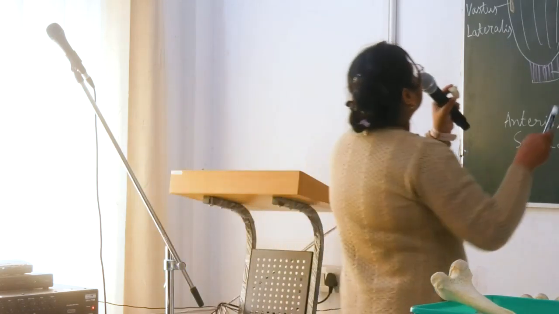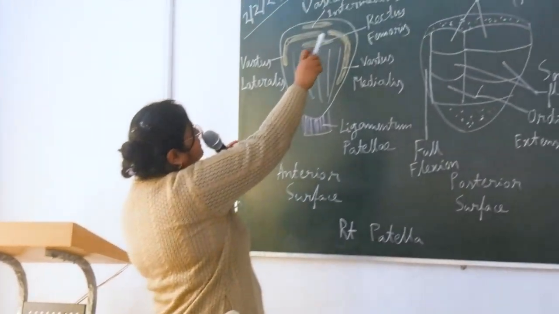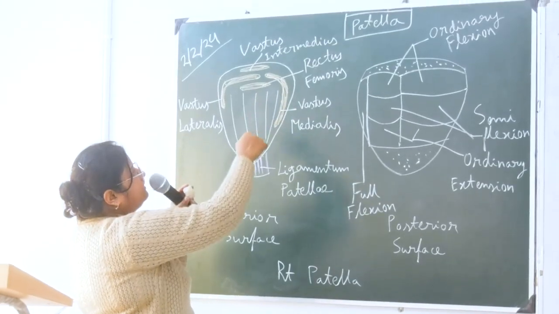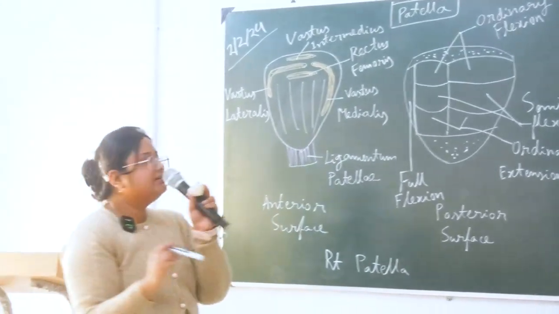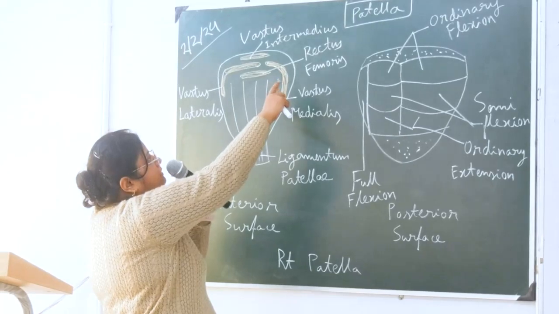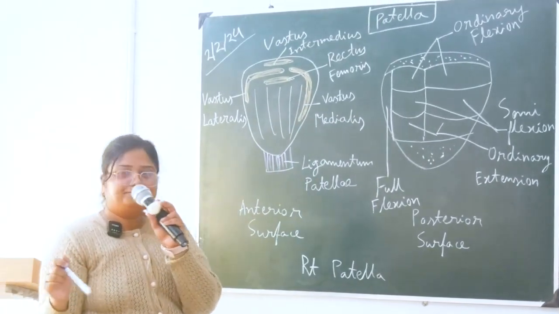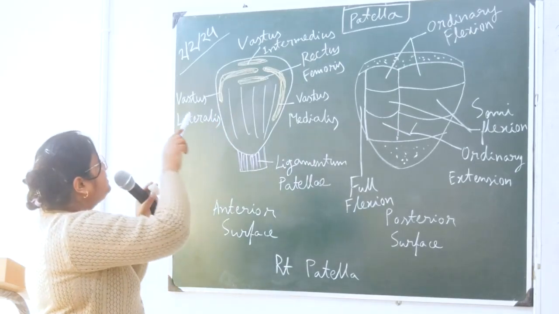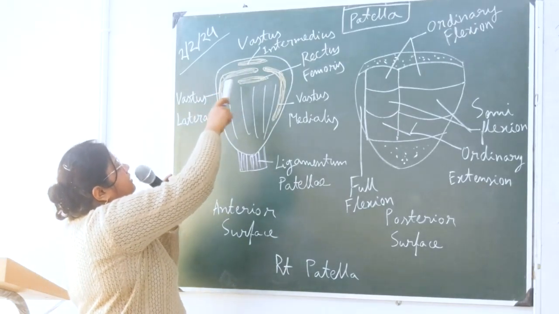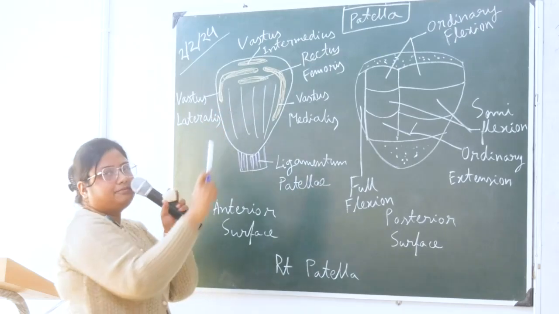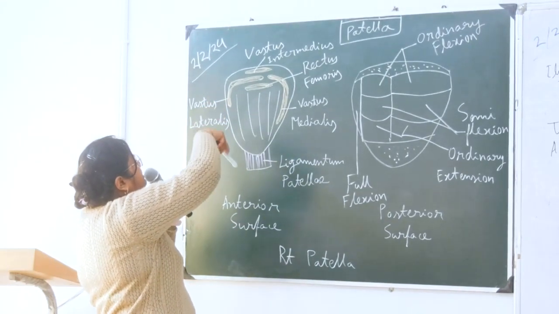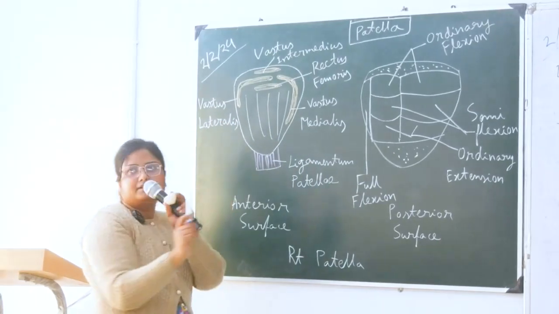You can see vastus medialis is attached to the medial one-third of the base, and it extends along the medial border of the patella and is attached to the upper two-thirds of the medial border. But vastus lateralis is attached to the lateral two-thirds of the base and the upper one-third of the lateral border of the patella.